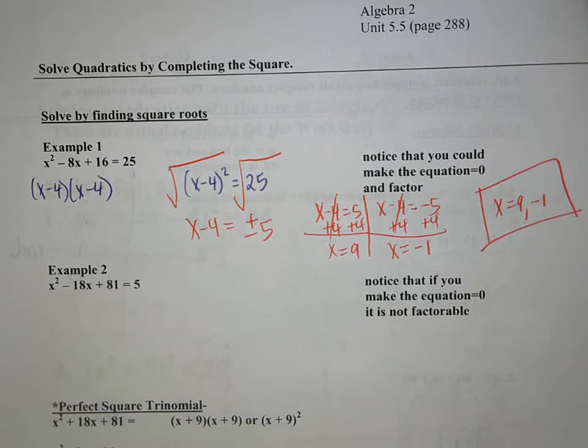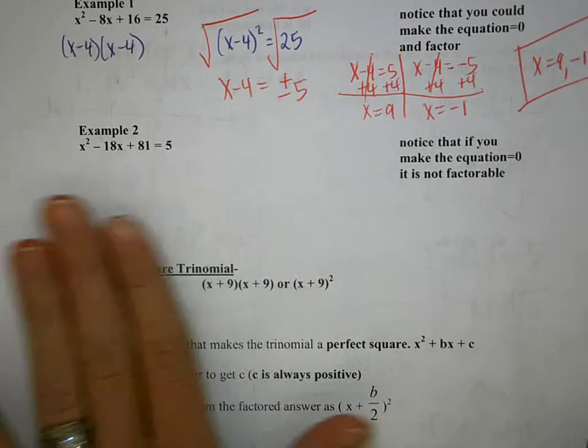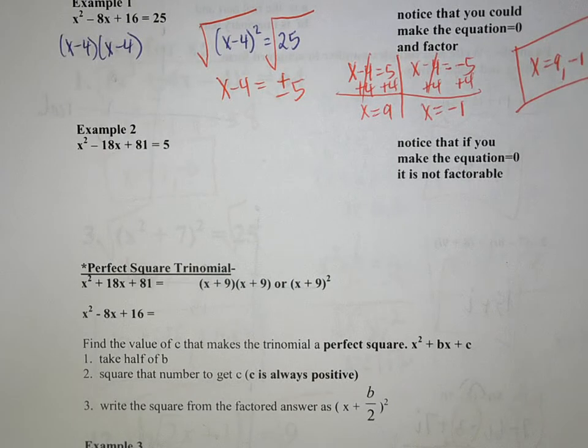Okay, so can you try example 2 on your own? And I want you to just start by, can you write this as a square? Can you write x squared minus 18x plus 81 as a square?